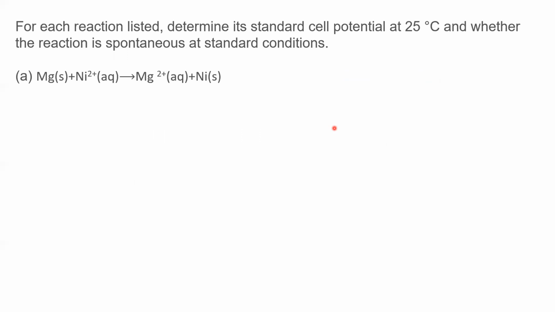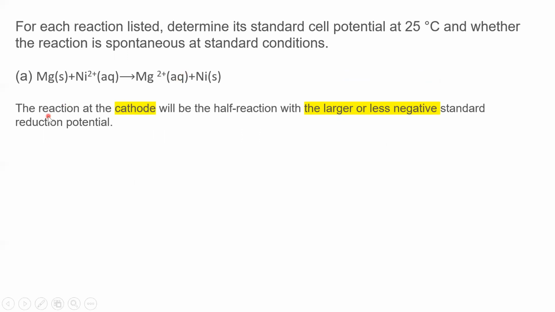Okay, let's say that we've got magnesium metal reacting with nickel ions, and we want to decide whether this reaction is spontaneous. Well, the reaction at the cathode, which is the reduction half reaction, is going to have the larger reduction potential value.